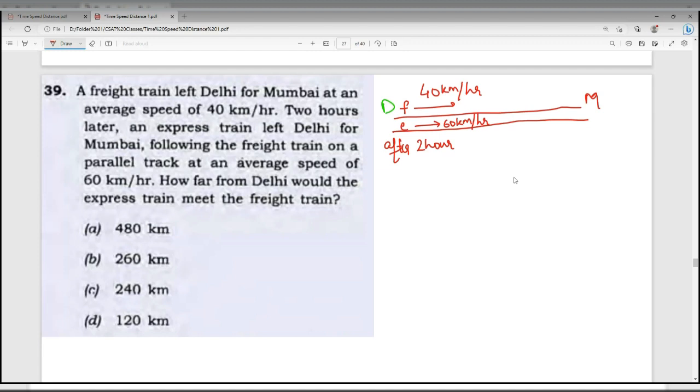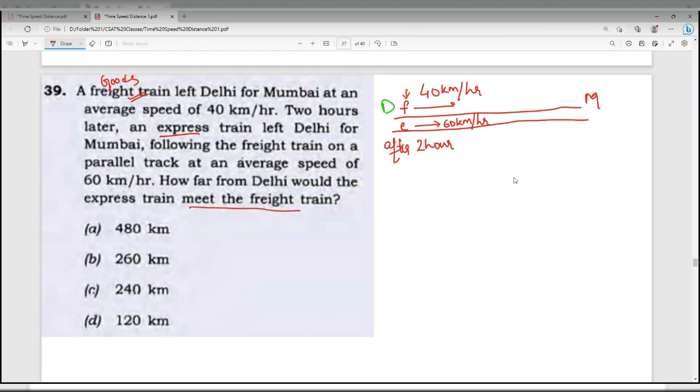Since the express train is faster than the freight train, it will try to catch up and meet the freight train. Freight is nothing but luggage, goods train. This is the goods train, and this is the express train. So they are asking how far from Delhi would the express train meet the freight train?